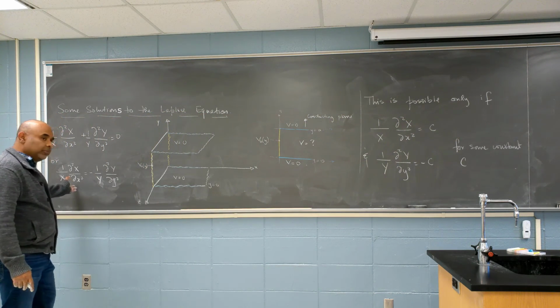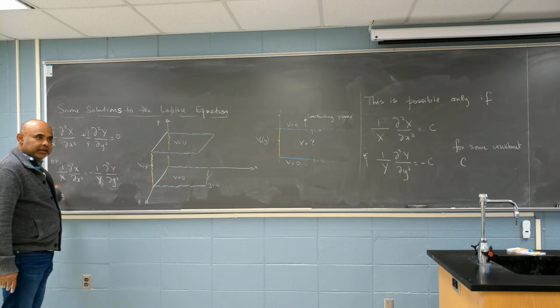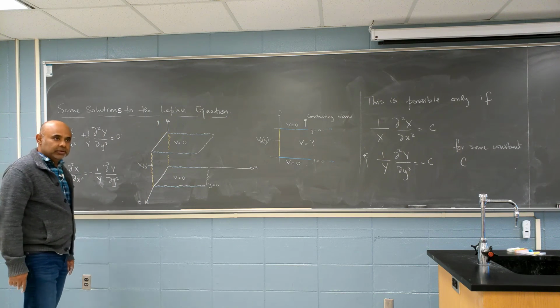Because this can vary independently, this can vary independently. You cannot have two functions of entirely disconnected objects equal to each other.